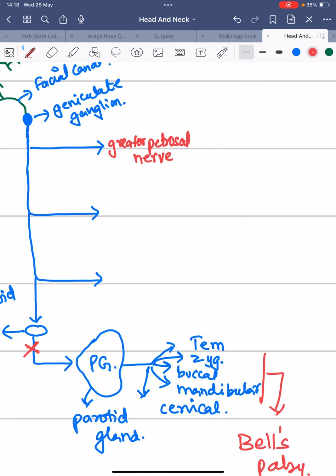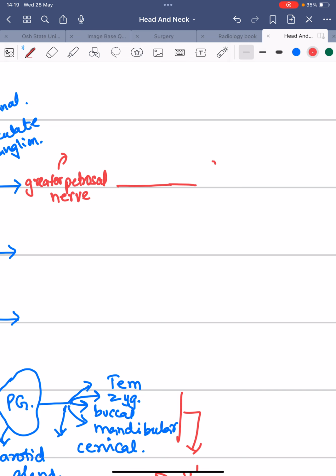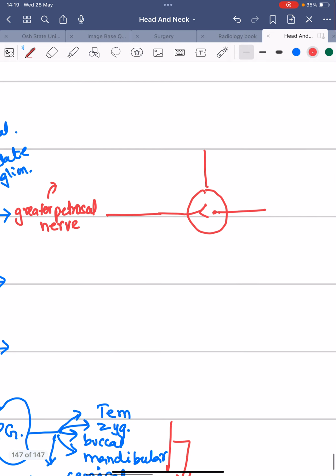So these are your parasympathetic fibers. And now it will go and make a ganglion here. This ganglion is known as what? This ganglion is known as the pterygopalatine ganglion.